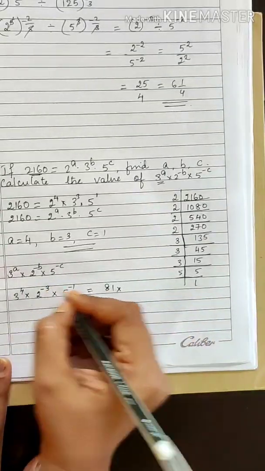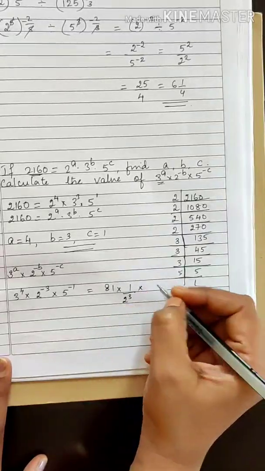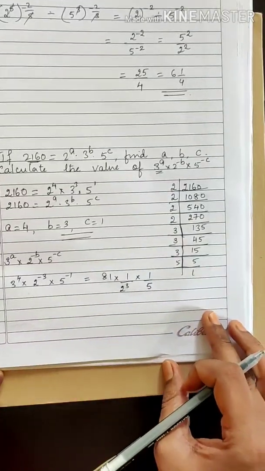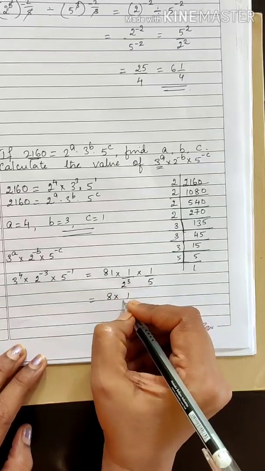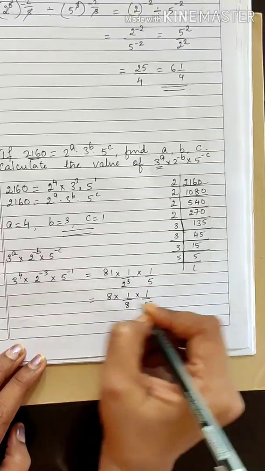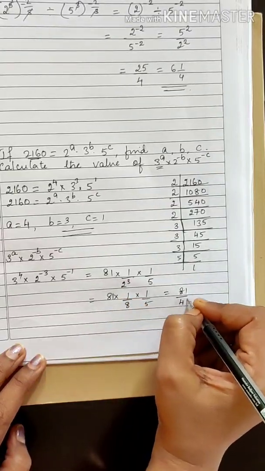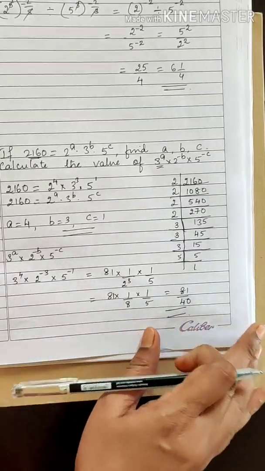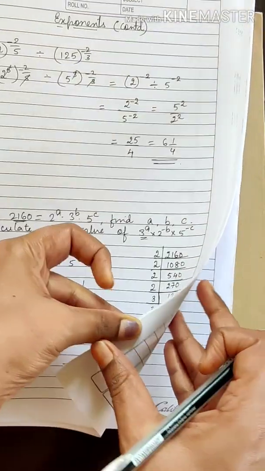You have to change the negative power into positive power by bringing it to the denominator, and this will become 1 by 8 and 1 by 5. So your final answer will be 81 into 1 by 8 into 1 by 5. So this is 81 by 40. Make sure you use the prime numbers for doing prime factorization.